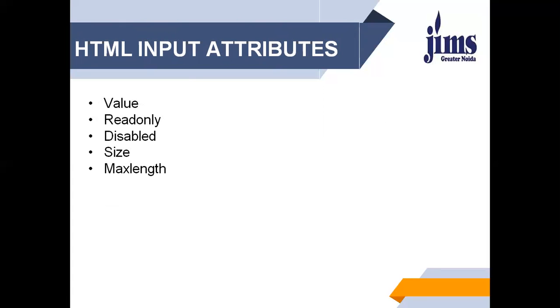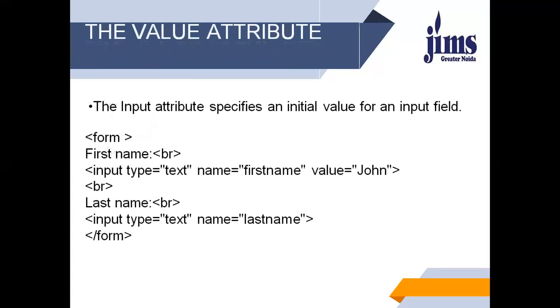HTML input attributes. We have these attributes: value, read only, disabled, size, max length. Value option we have seen in the previous slide also. Let's have a look again. The value attribute specifies an initial value for an input field. Here we have first name, input type equal to text, name equal to first name, value John.